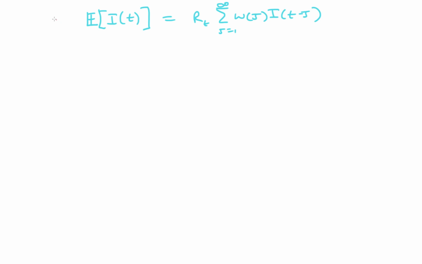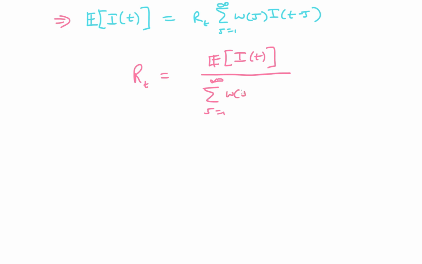Whereas the renewal equation that I've written down here suggests a much simpler approach to estimating the reproduction number. All I can do is I can rearrange this so I have R_t is equal to the expected number of infections today divided through by the sum from tau equals 1 to infinity of omega tau I(t-tau).